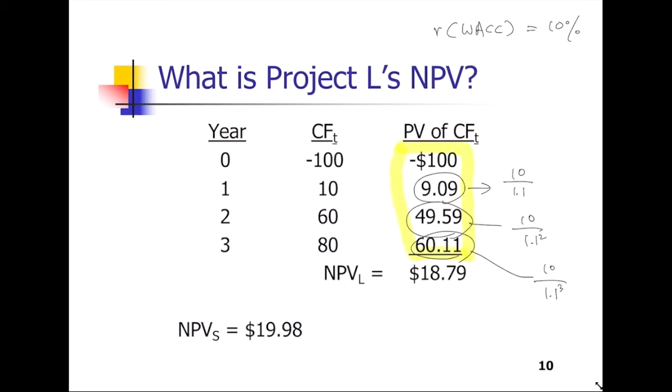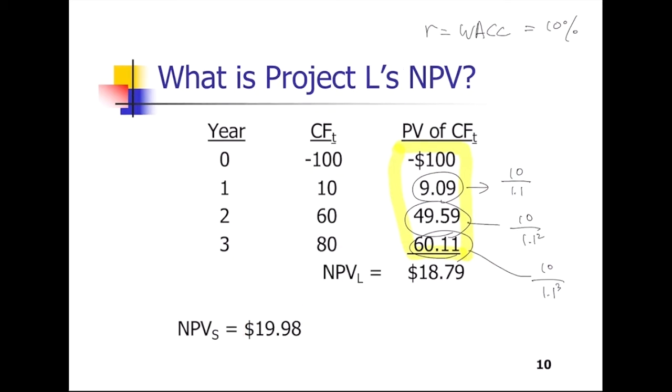Finally, you get the NPV of project L, right? The $18.79, and you can also apply this to project S. You get this number.